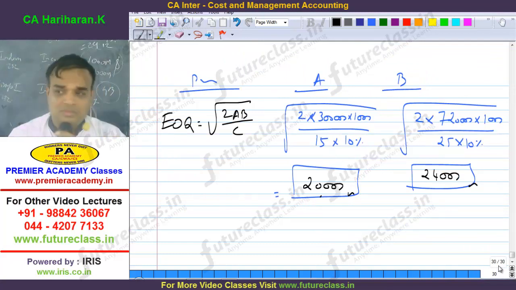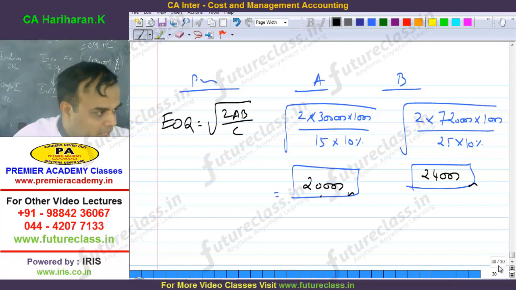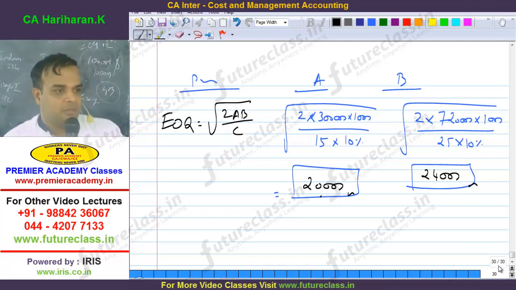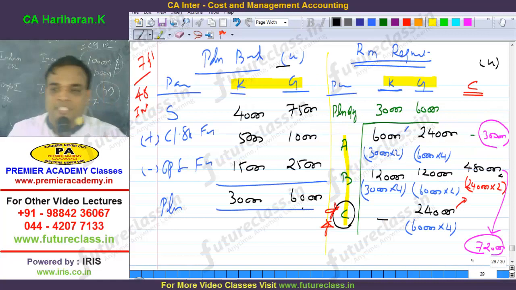Now, this question is again an expected question, maybe for inter or final equally. The speciality in this question is, kindly go through the question. They have given the budget only. You have prepared the budget. Budget preparation may be for a quarter, half yearly, monthly or annum.